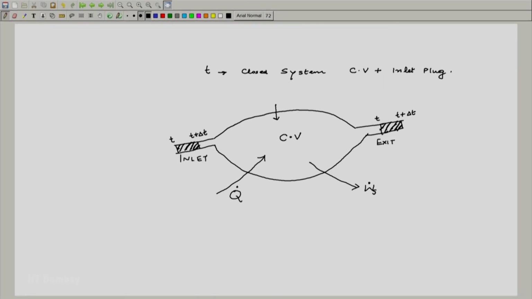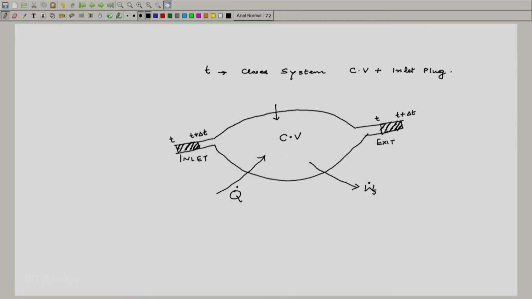So, the same mass which was occupying the control volume plus this inlet plug at time t now occupies the control volume CV plus this exit plug at t plus delta t. In essence, we have a closed system which includes CV plus the inlet plug at time t, and it is the same closed system, without any transfer of mass across the boundaries, at time t plus delta t, comprising CV plus the exit plug.